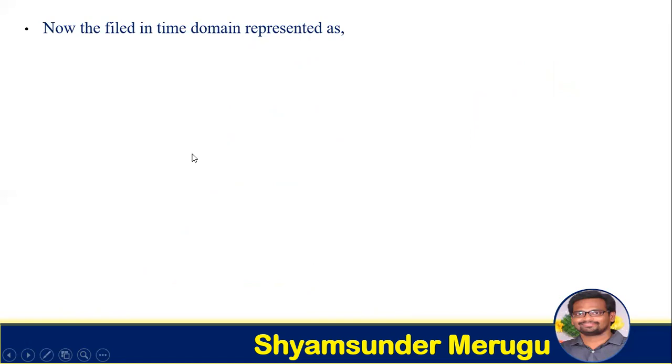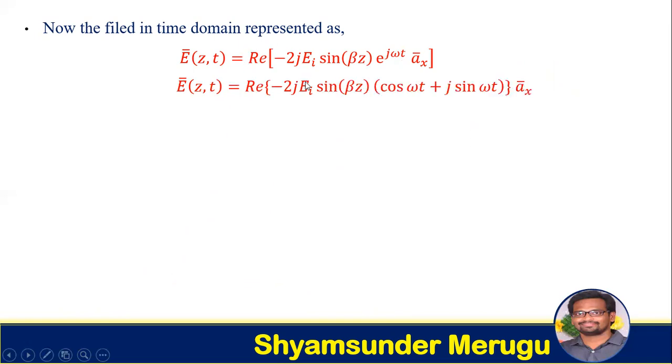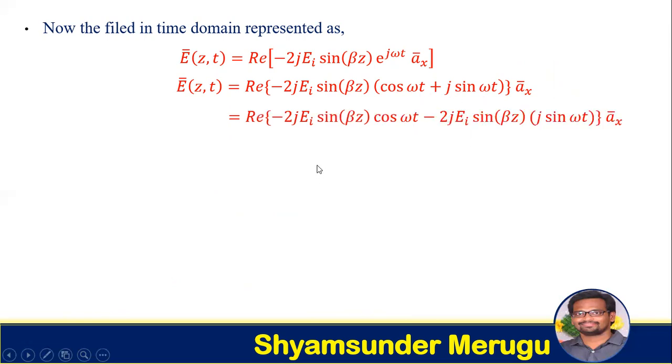Now the field in time domain can be represented by multiplying that expression with e^(jωt), and we are interested in extracting the real part. Writing e^(jωt) as cos ωt plus j sin ωt, and multiplying −2j E_i sin βz into the cos ωt as well as j sin ωt term, we get finally the real part of −2j E_i sin βz cos ωt x̅ plus 2 E_i sin βz sin ωt x̅.